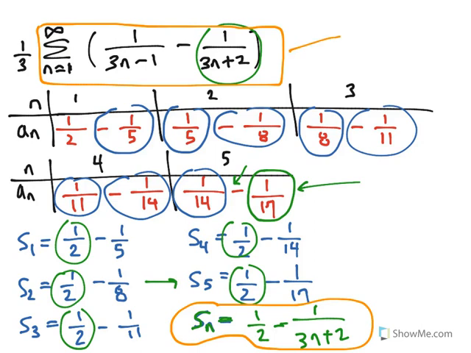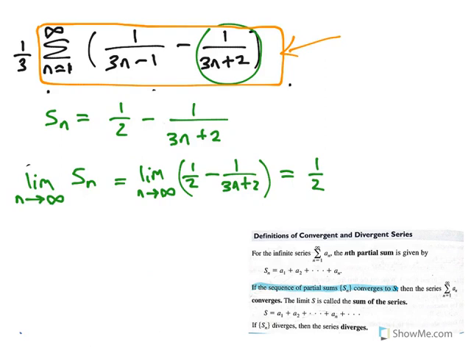So our sequence of partial sums will converge to 1/2, and therefore by definition our telescoping series will converge to 1/2.